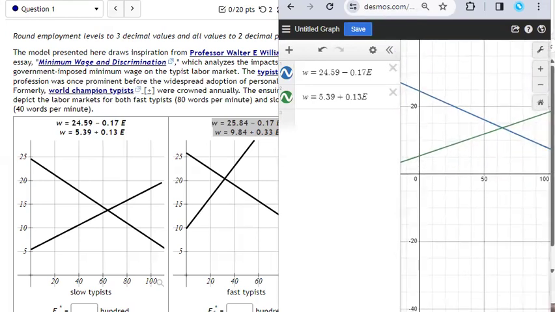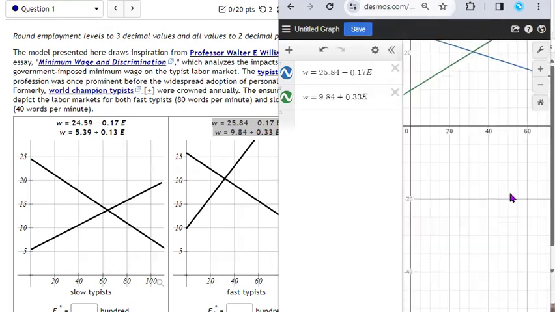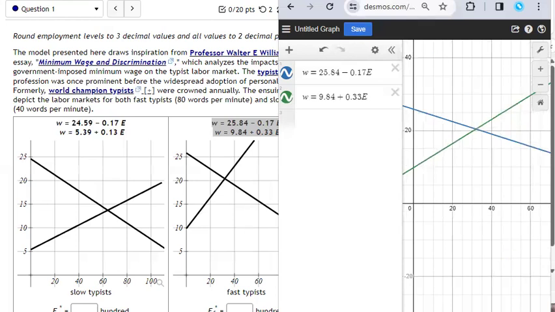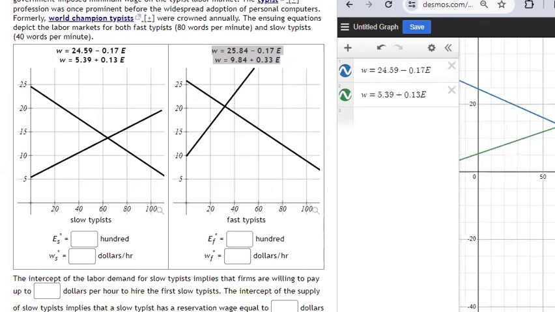Okay, that's a little better. Then we have to do the same thing over here. That's pretty good.